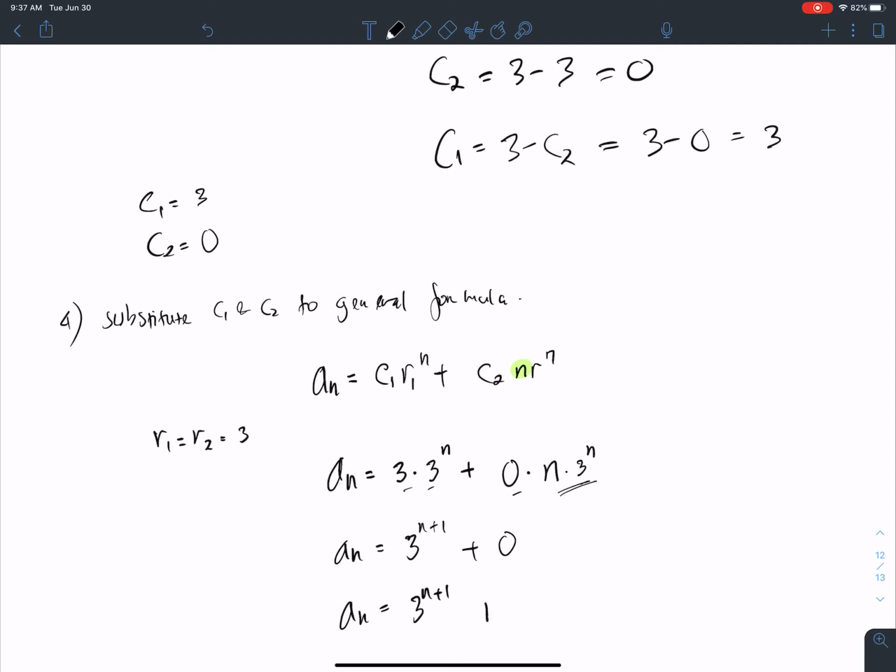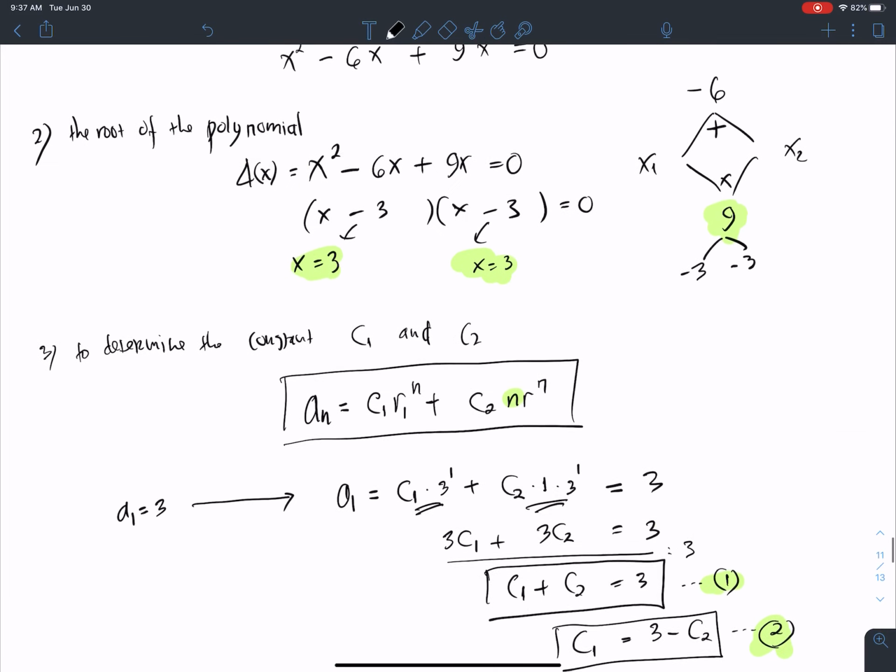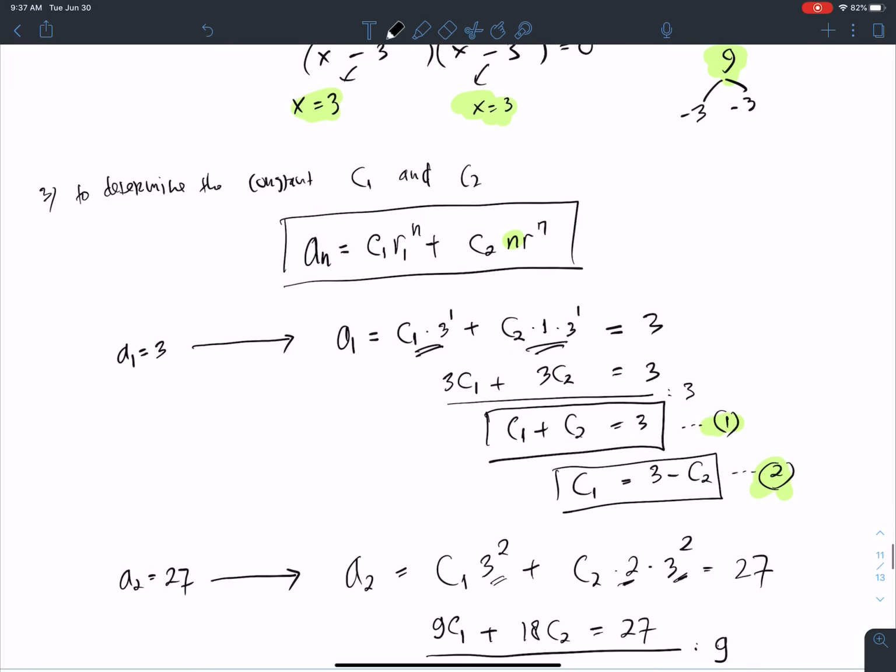Alright, but let us review back, because as I mentioned earlier, I'm not expecting 0 here. So let's just do it slowly from here. So from here, we already have c1, the root of the polynomial 3.